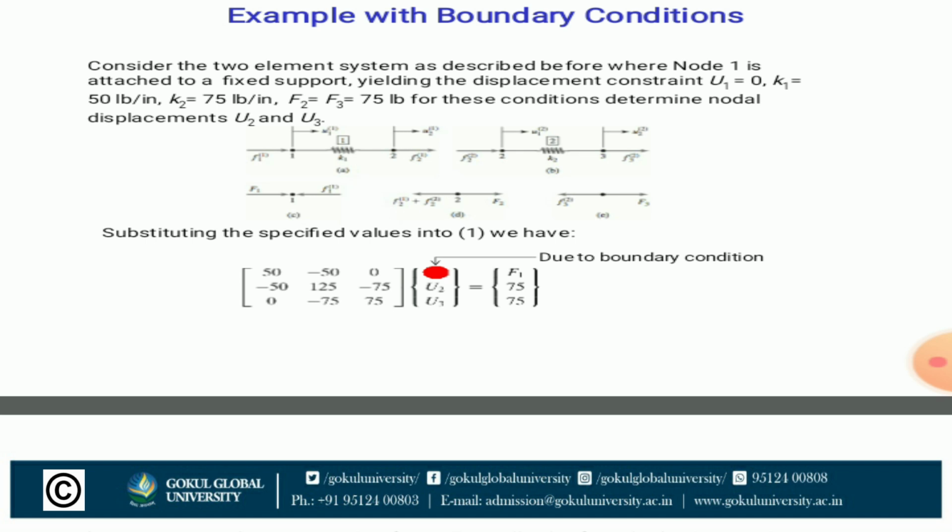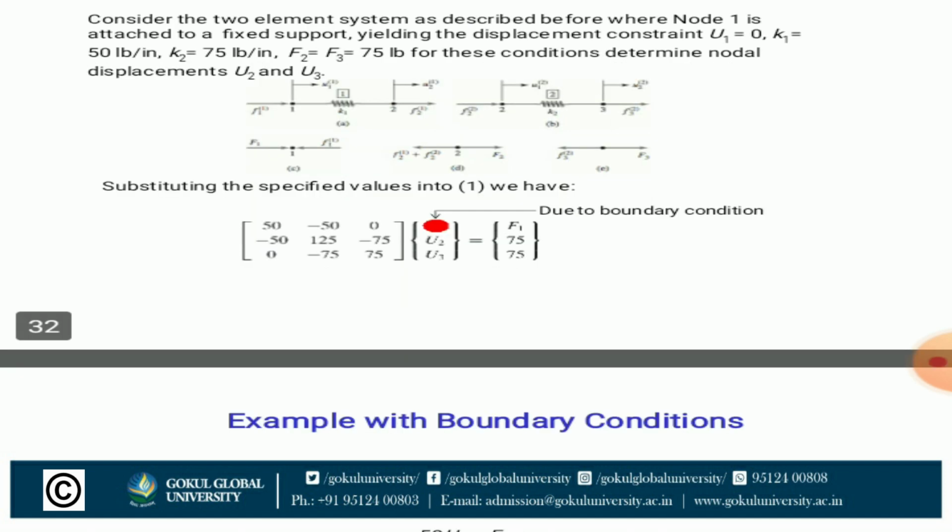Element 1 consists of nodes 1 and 2 with linear displacements u1 and u2, and element number 2, as shown in the figure, consists of forces F2 and F3, with linear displacements u2 and u3.